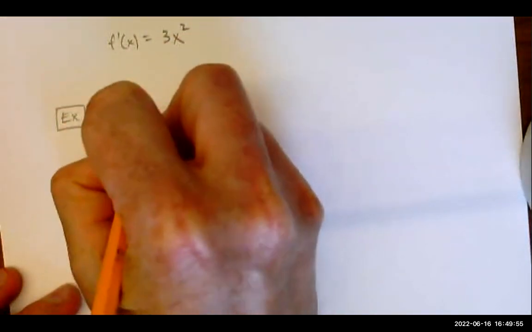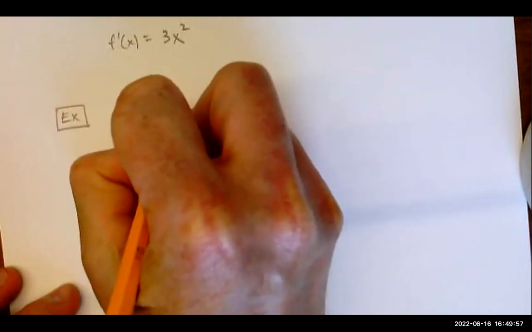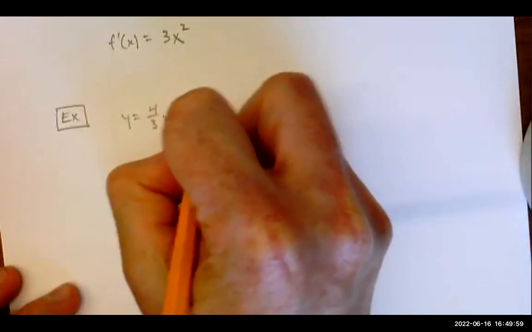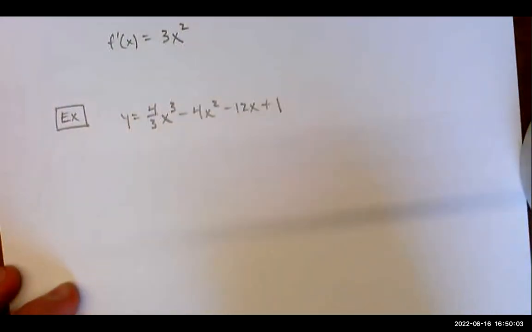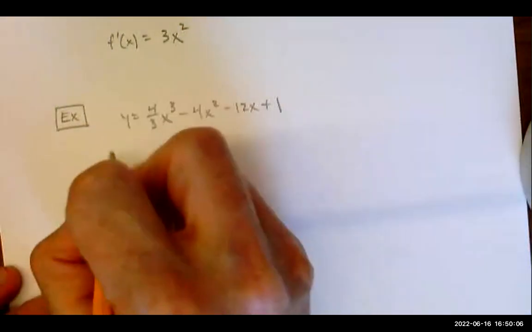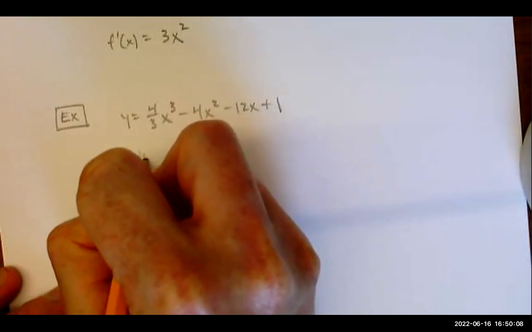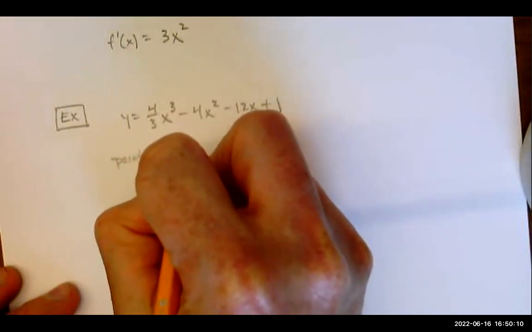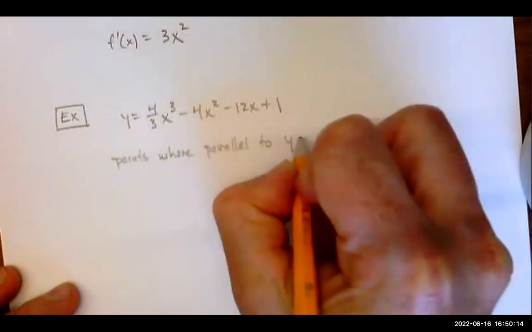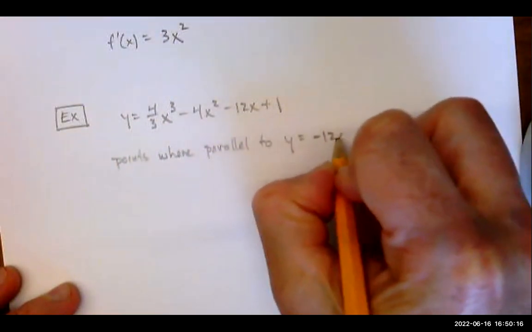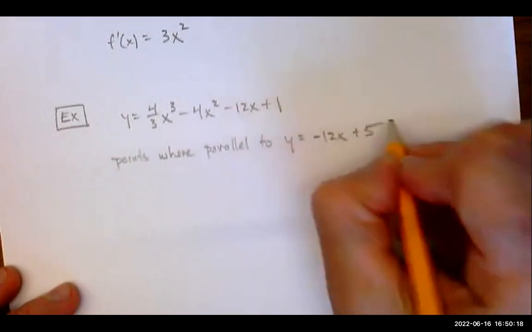It was y equals 4/3 x to the 3rd minus 4x squared minus 12x plus 1. We're finding the points where parallel to y equals negative 12x plus 5.